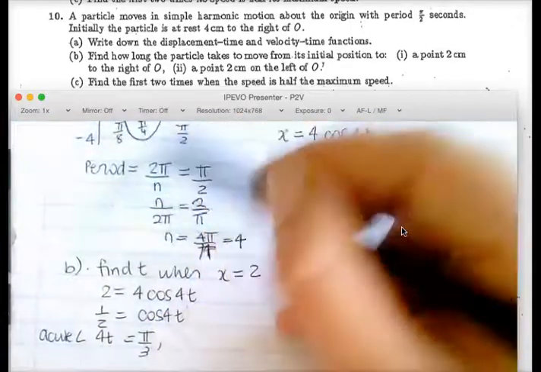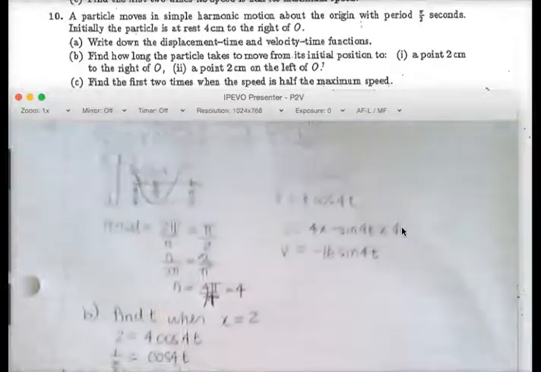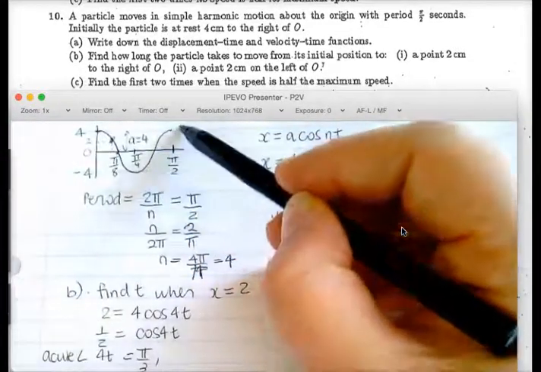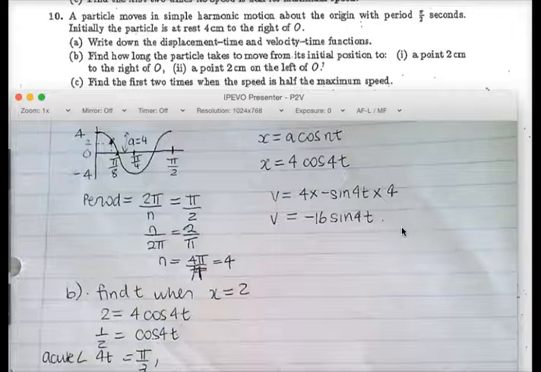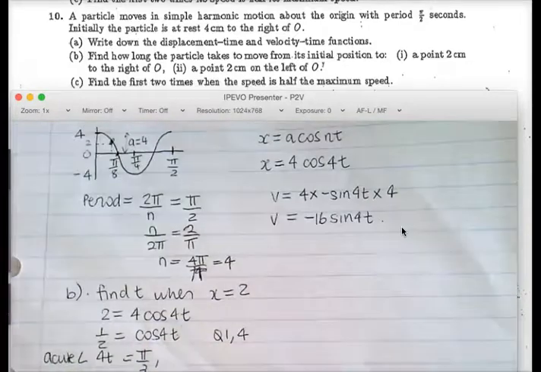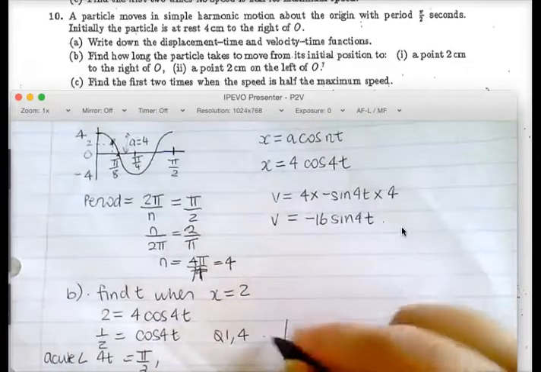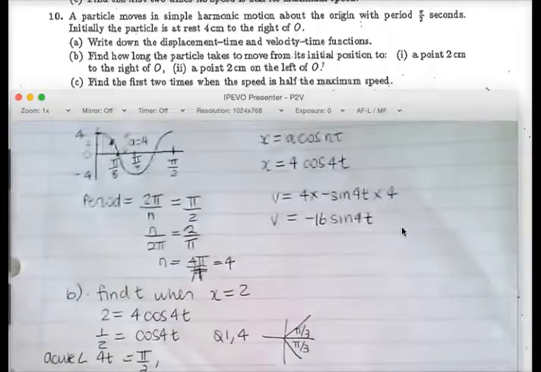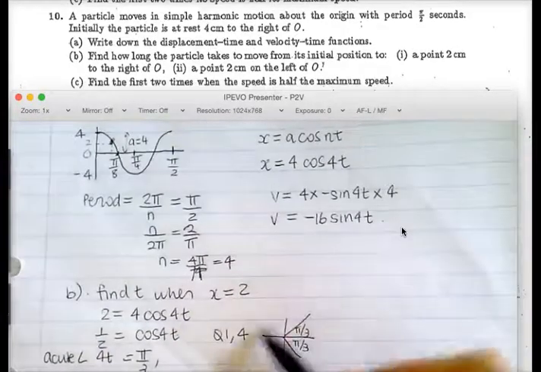Look, cos of 4t is a half. I know it's quadrant 1 from my diagram. Do you know how I know? Quadrant 1, 2, 3, 4. Actually, we'll do them both. Cos is positive in quadrants 1 and 4. What would be the quadrant 4 answer?